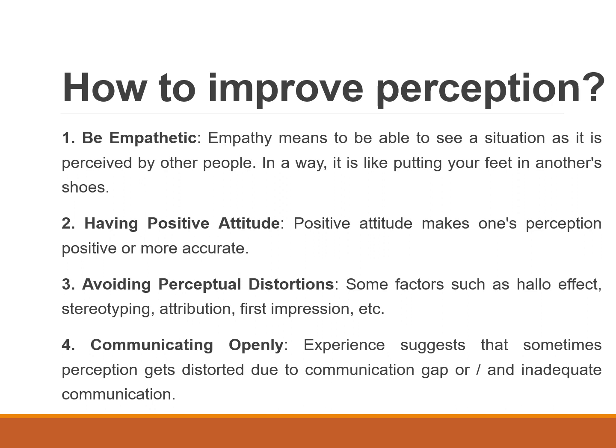It is very important. And also avoiding perceptual distortion. So what are the perceptual errors? Halo effect, stereotype, attribution. So we should think openly. We should be open-minded. We should think very openly and in a very creative way. When we think openly, we can avoid this halo effect, stereotype, attribution.